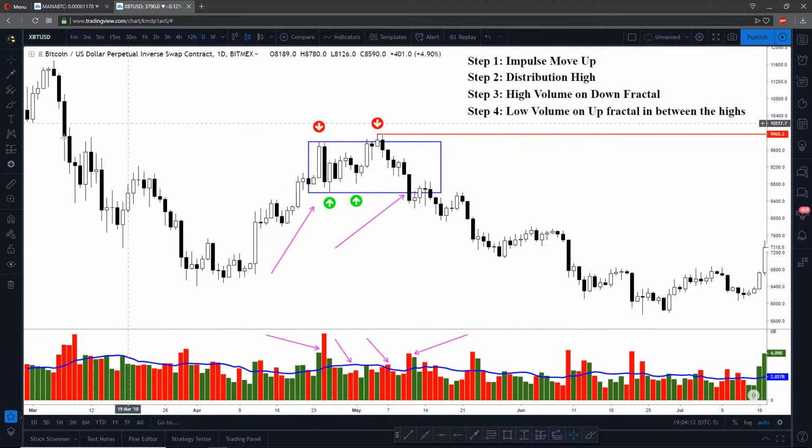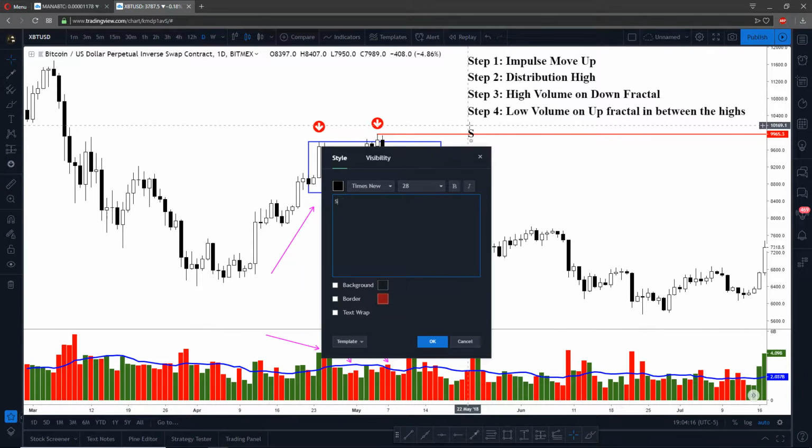And then if you wanted to add a step 5, this would be basically your final point, the break of the distribution low.